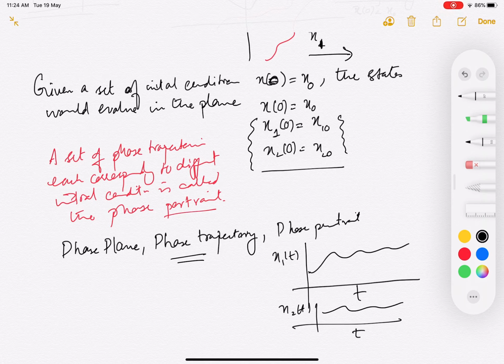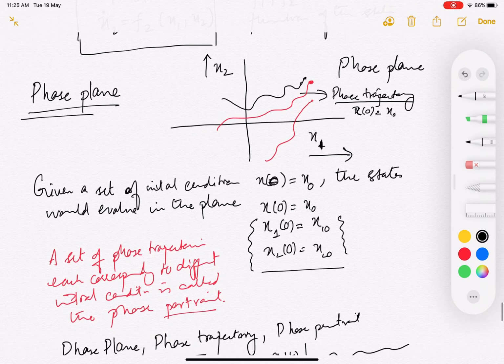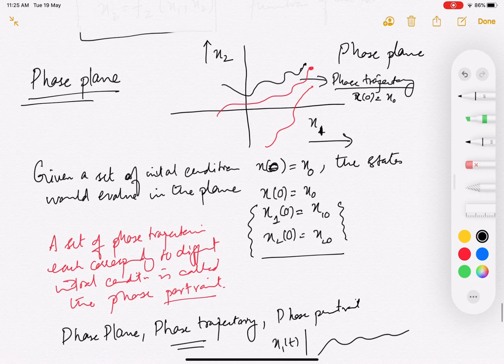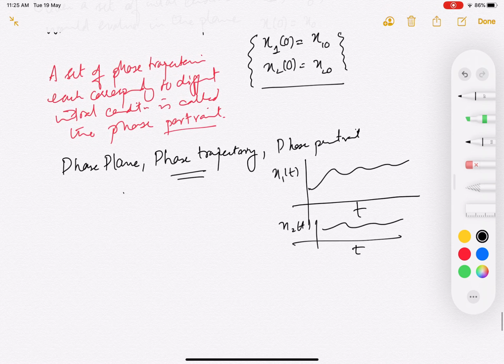Although both of them are functions of time, and till now we have been looking at plots with respect to time, whether of states or of outputs, in this case we are plotting on a plane in which the coordinates are x1 and x2. So we are plotting x2 with respect to x1. There is a difference. I hope you have got the point, right?